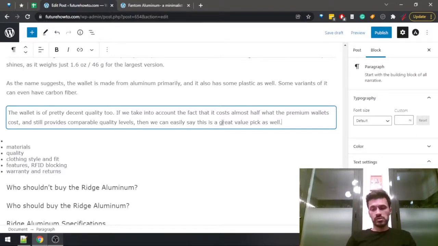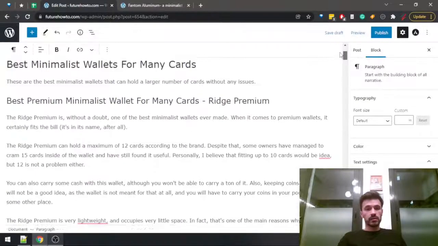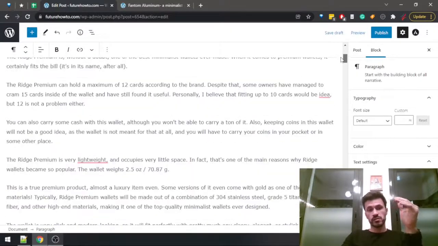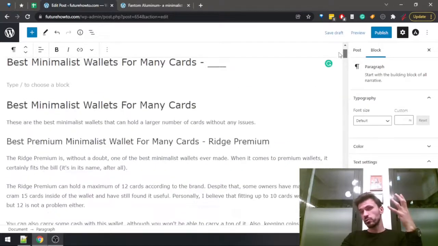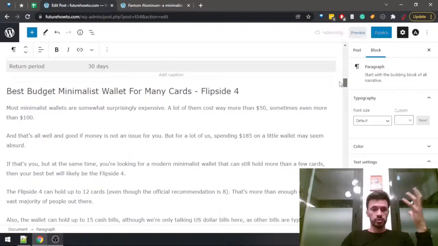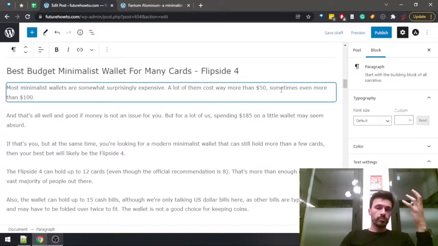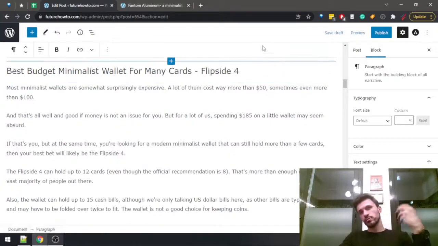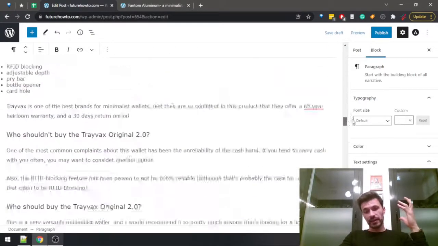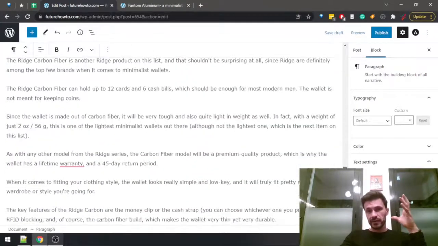Okay, I just remembered another side note here. You remember, guys, how we had a premium version. So this is the most expensive and usually the highest quality item on the list. And we usually have a budget pick, probably the cheapest one. Sometimes I will add the best value product.